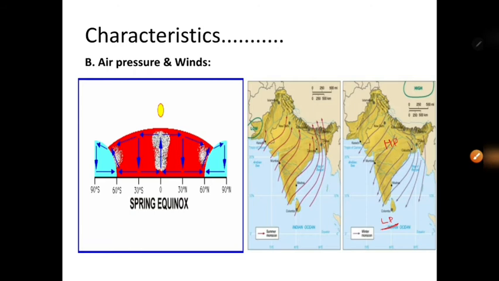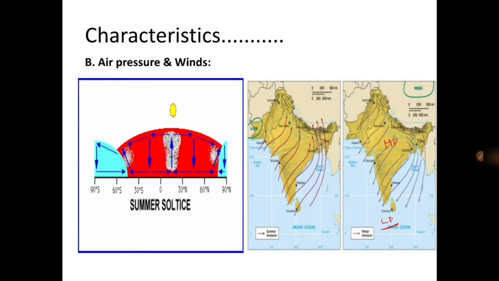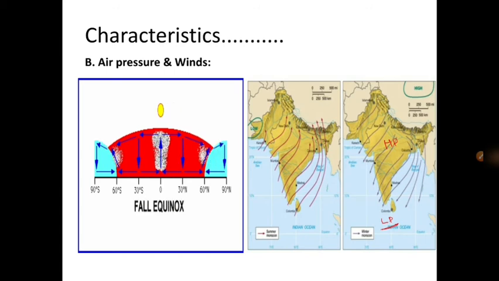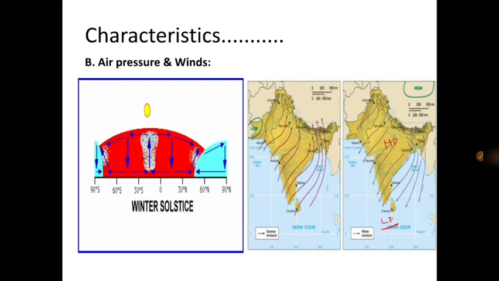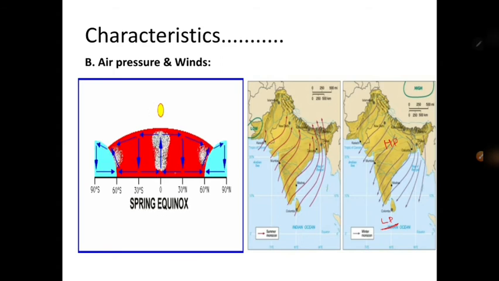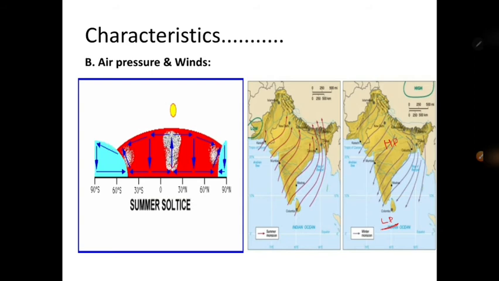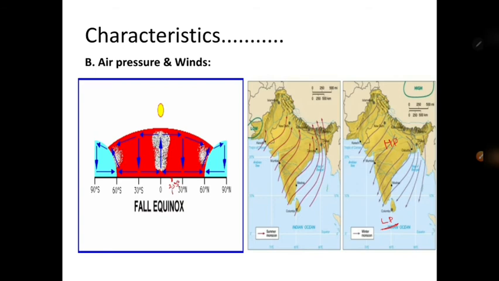You can see that during the summer solstice, when the sun shines vertically on the Tropic of Cancer, there is low pressure at the Tropic of Cancer, and the subtropical high pressure belt shifts toward the north at 40° latitude. This is 23.5° north.